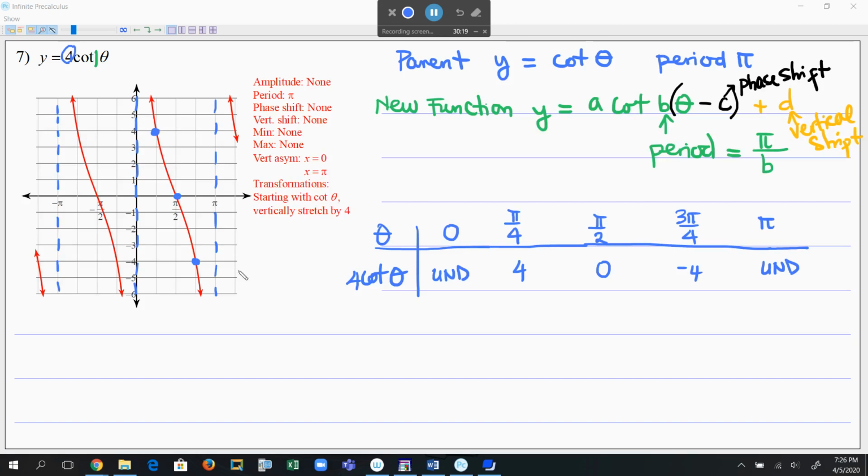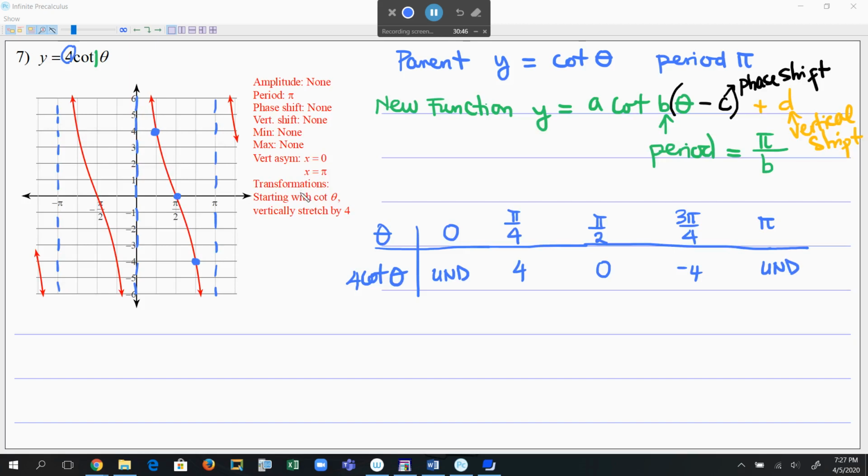You can see that as x increases, y decreases. And for the vertical asymptotes, we only list two because we look at the positive side: x equals 0, x equals pi, or you can also say x equals -pi, because we just look from the right-hand side.